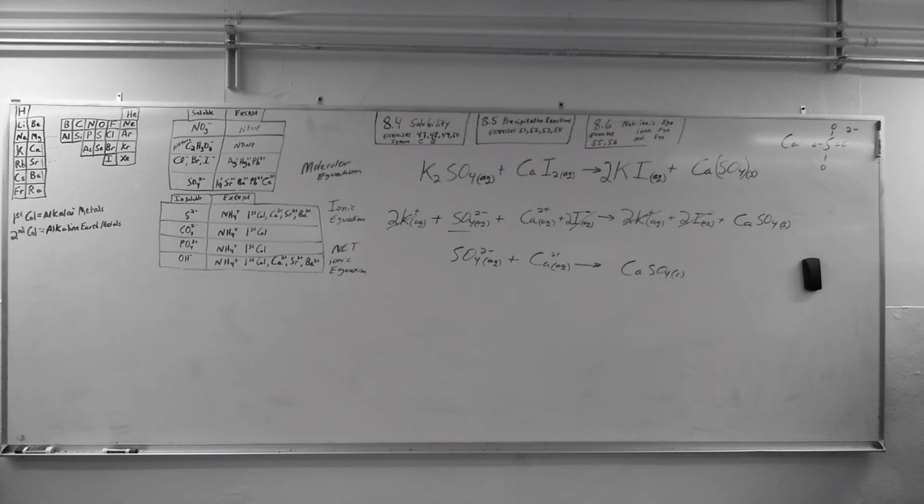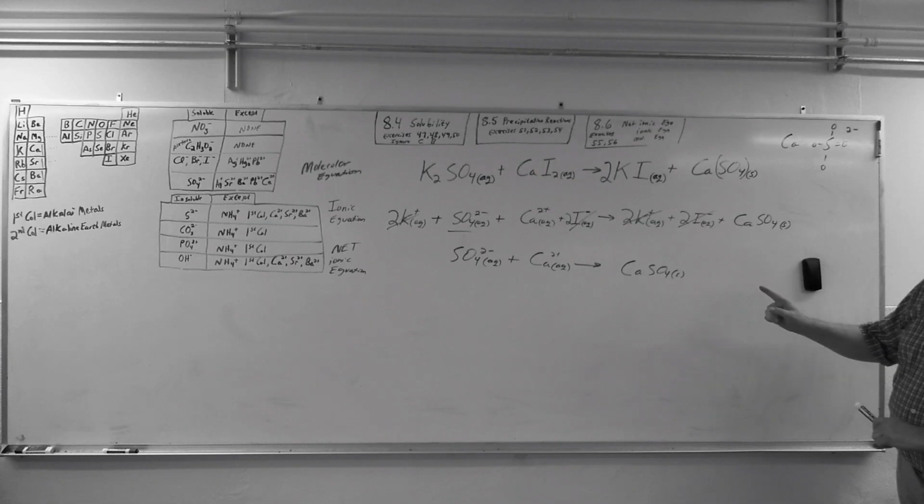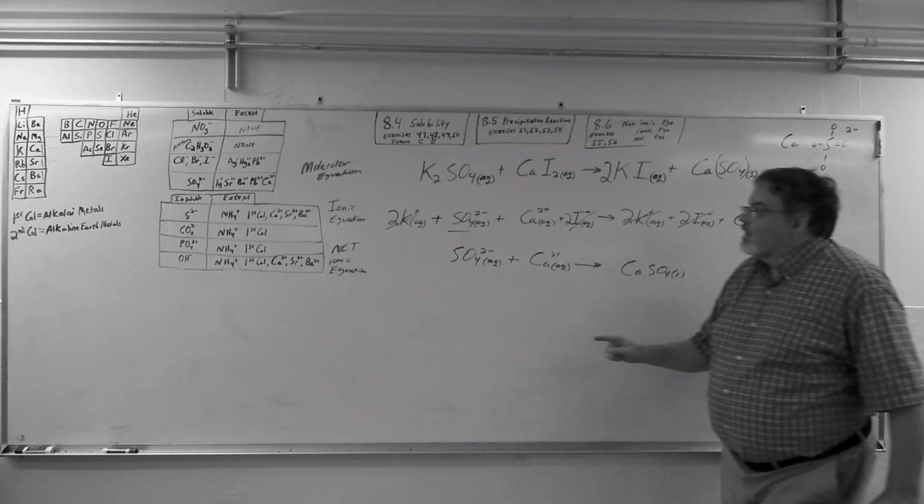Okay, I have two questions. What is the difference between having the 2 after the K and having it in front? In the molecular equation it's K2, and then in the ionic equation you change it to 2.